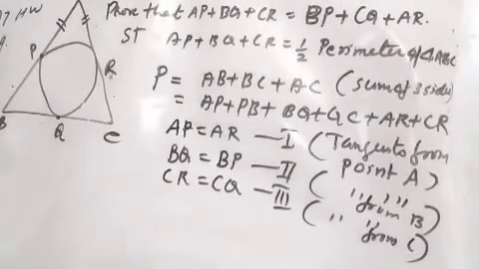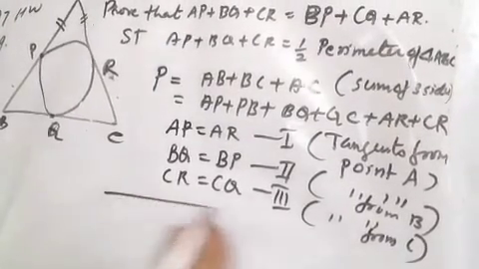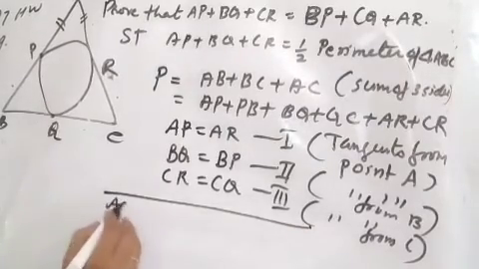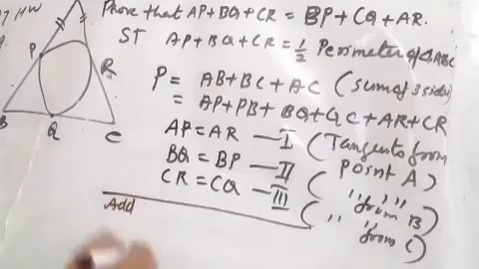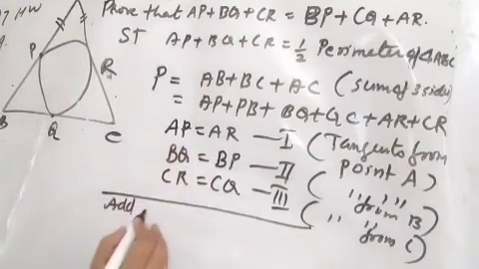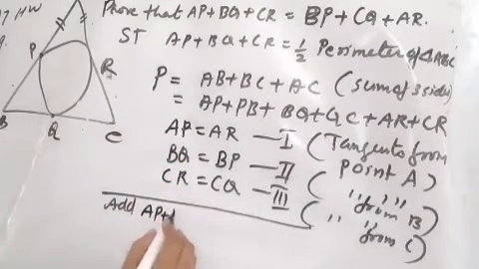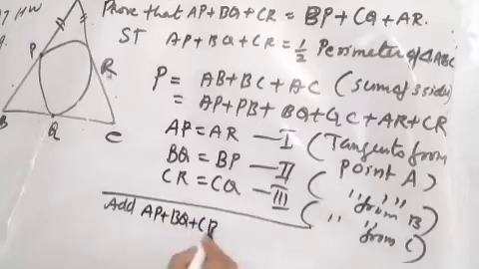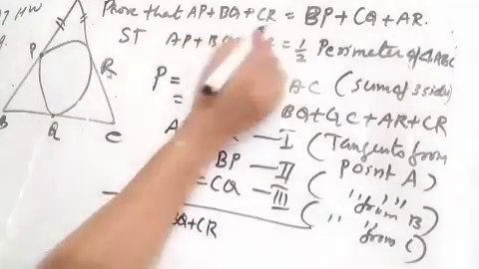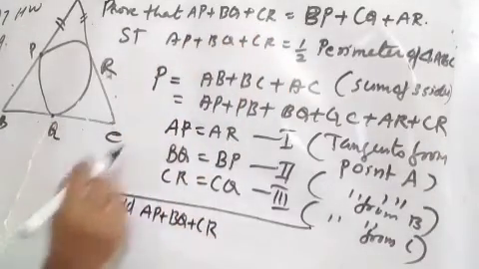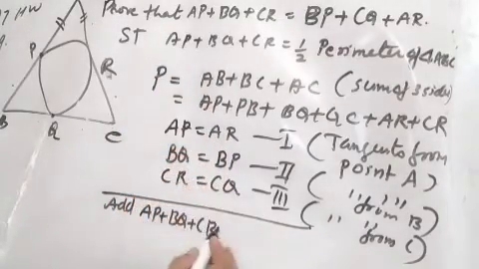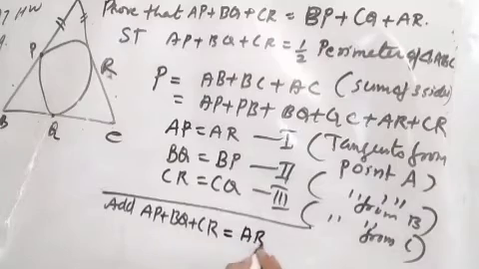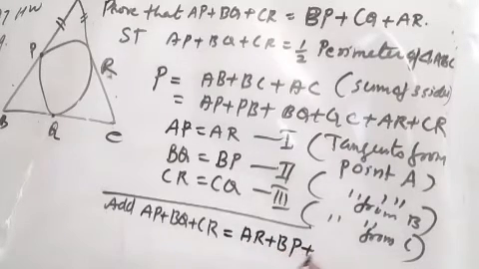Okay. Now, let us add the 3 equations so that we can prove the first statement. Add the left side and right side. What is the left side? AP plus BQ plus CR. I wrote these 3 on the left side. You also write like that. And the right side AR, BP and CQ is equal to AR plus BP plus CQ.